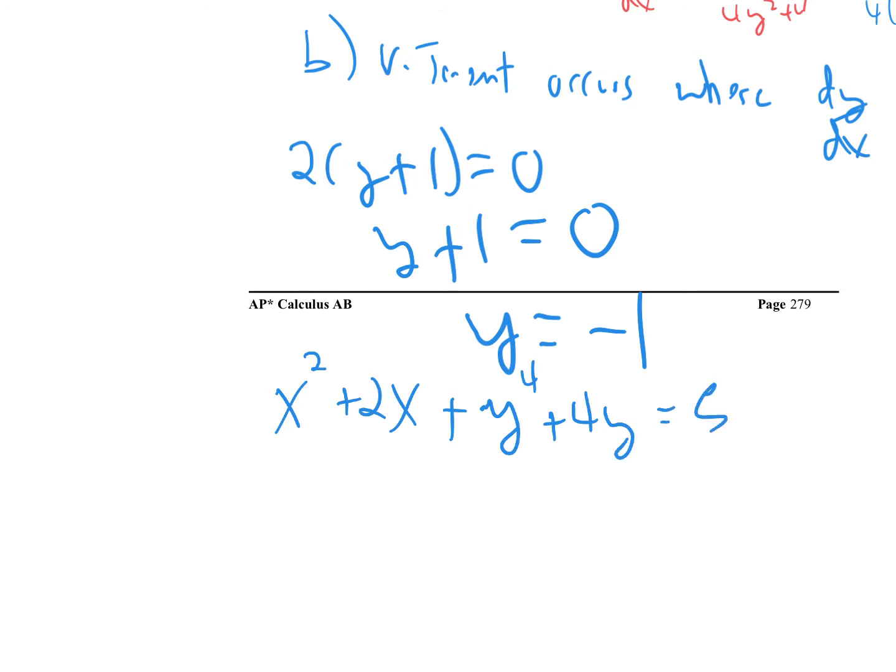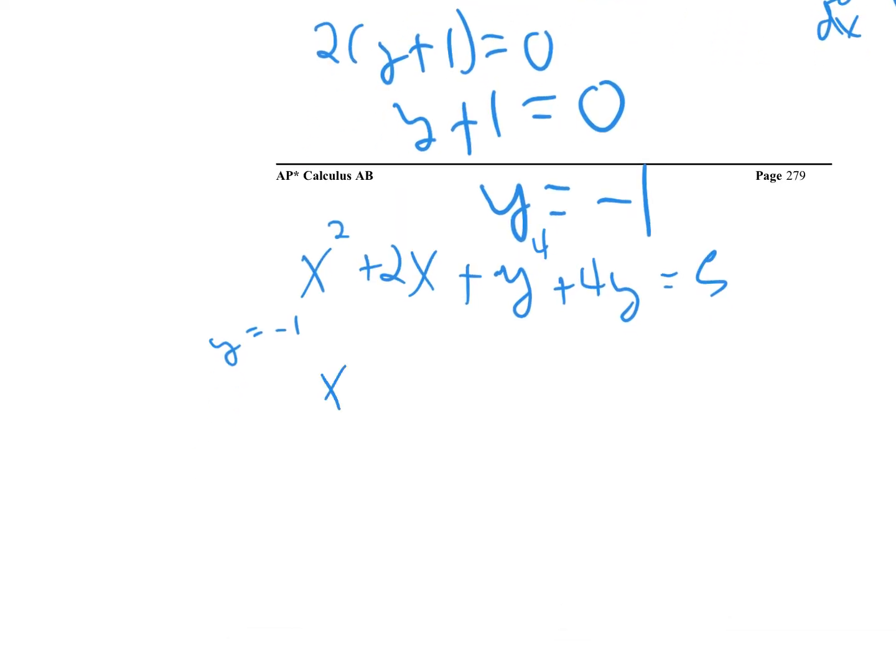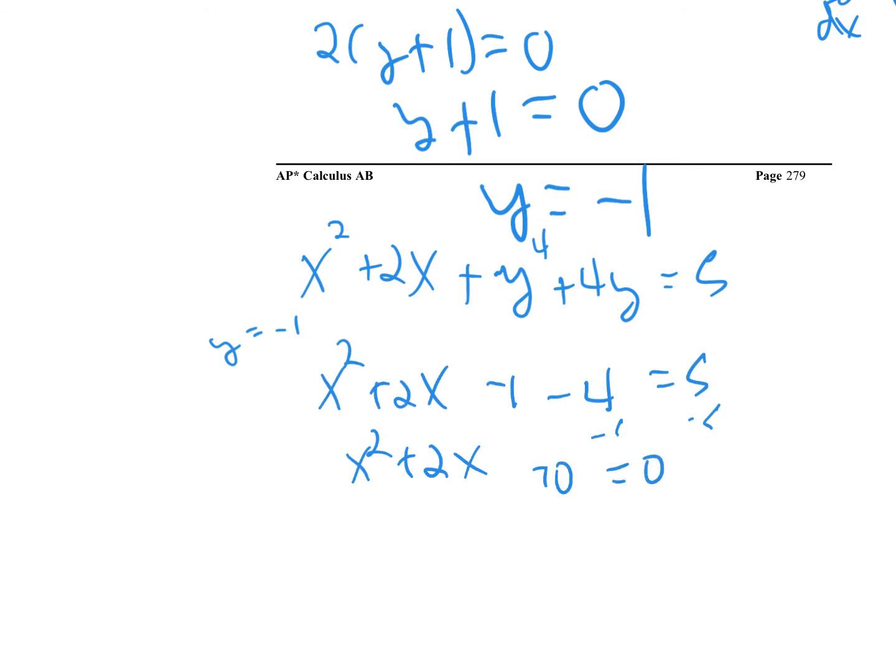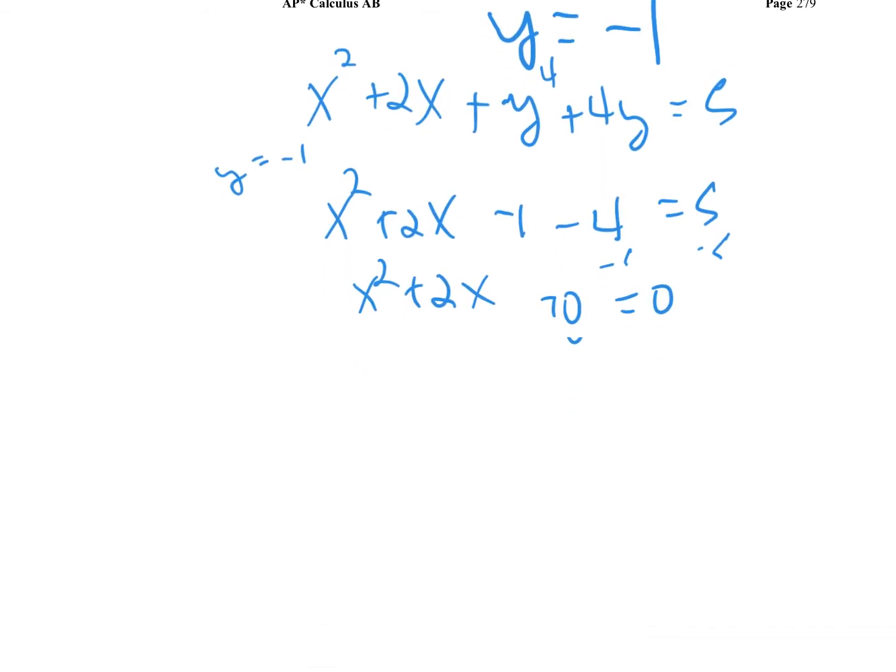Okay, so if y is negative 1, that gives me x squared plus 2x plus 1 minus 4 equals 5. Oh, it's a quadratic. x squared plus 2x minus 5, and then another minus 5, that's minus 10, equal to 0. That's how you solve a quadratic, get everything on one side. And that factors, I hope it easily factors, an x and an x. And then well, 5 and a 2 doesn't add up.